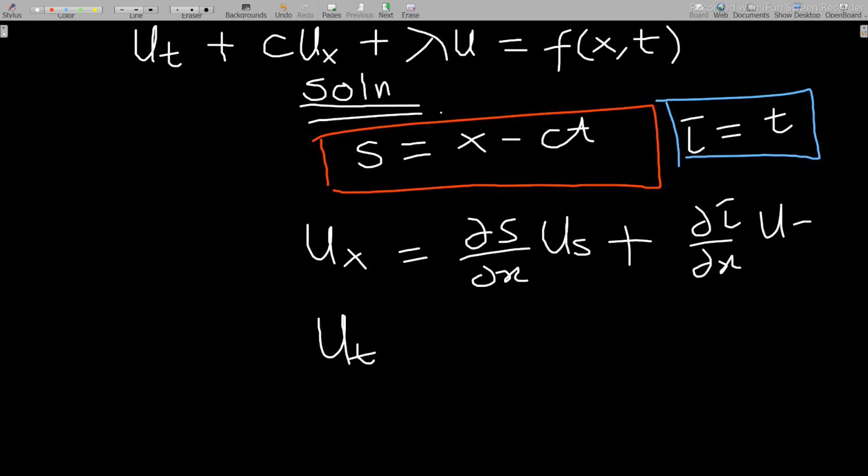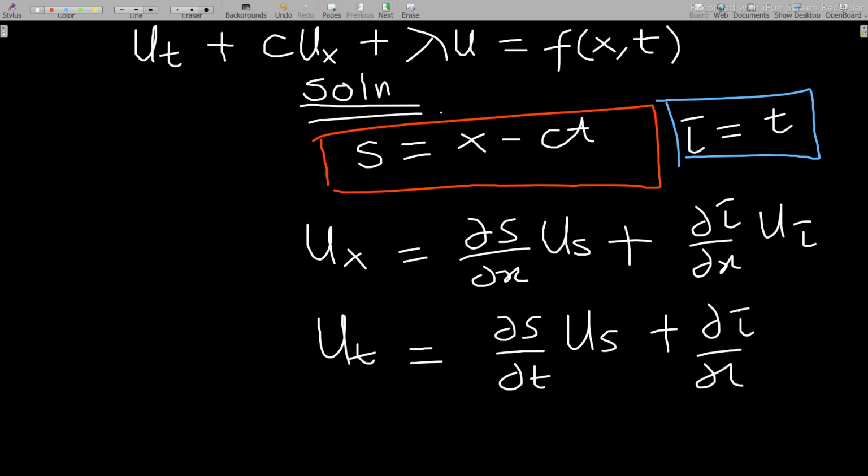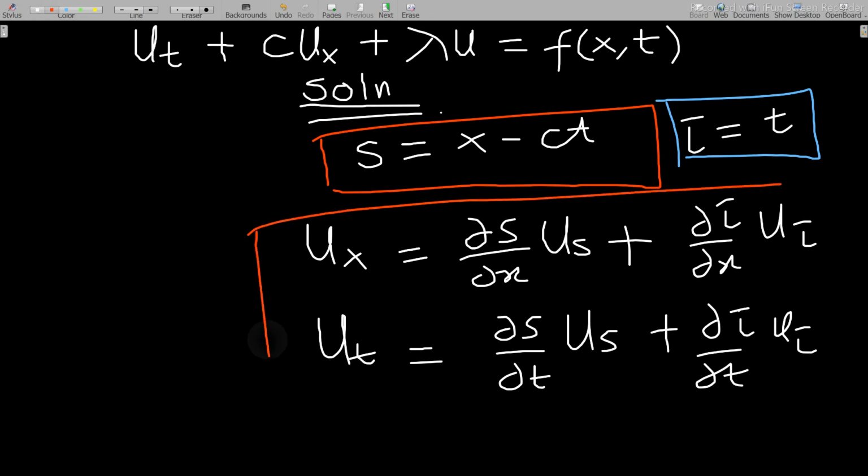Then ut is equal to del s del t times us plus del tau del t times u tau. So in effect, you are finding your ux and your ut using the tau and s that you have. That is all you are doing. These are the conditions you use.